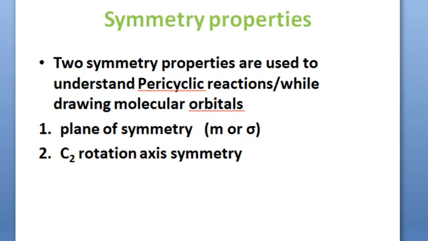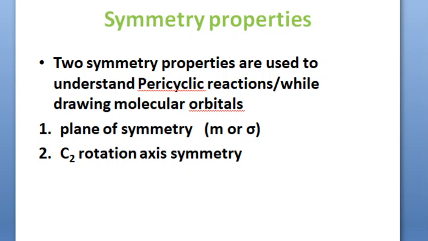This plane of symmetry is the mirror plane of symmetry M, shown as sigma, and we consider a rotation by 180 degrees along one of the axes. Therefore, it is a C2 rotation axis of symmetry.